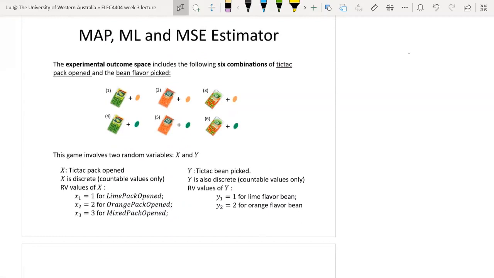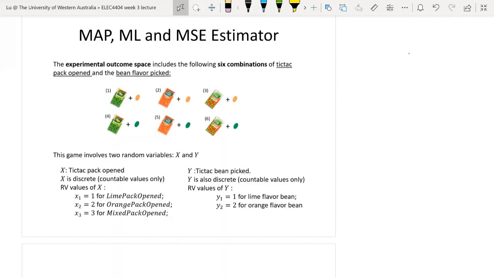As I mentioned, let's start from scratch. So this is a Tic Tac game. We can treat this one as a random experiment. And in this experiment, what is the outcome space? Because in this question we have two random variables, the box we picked and the bin we picked, the final outcome should be the combination of the two random variable values.